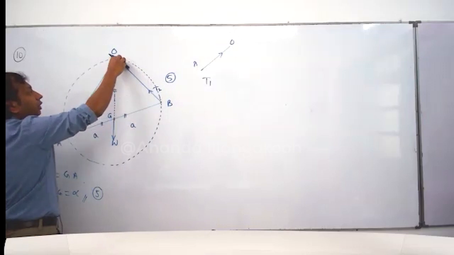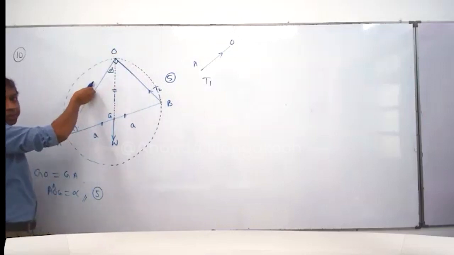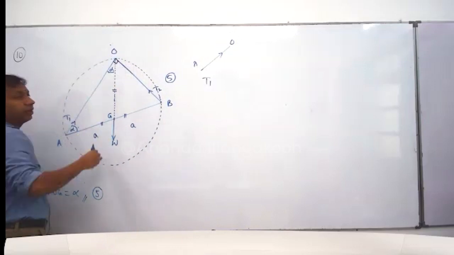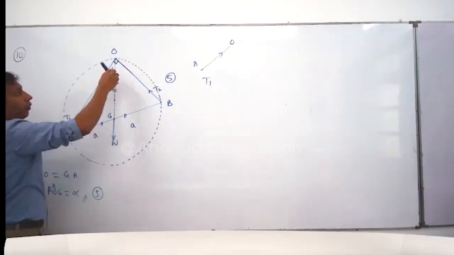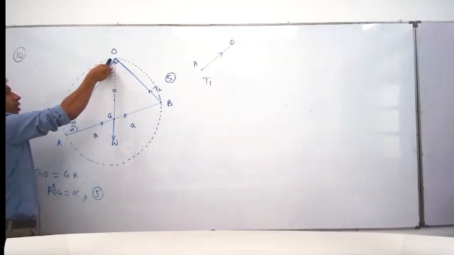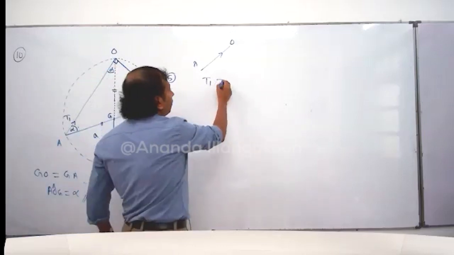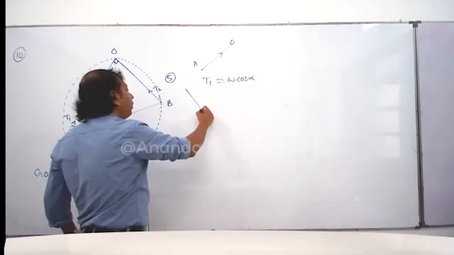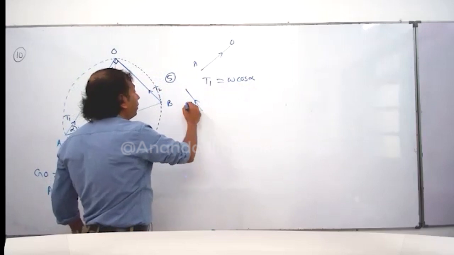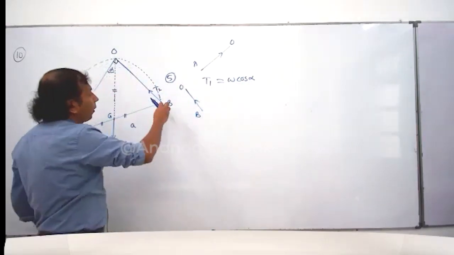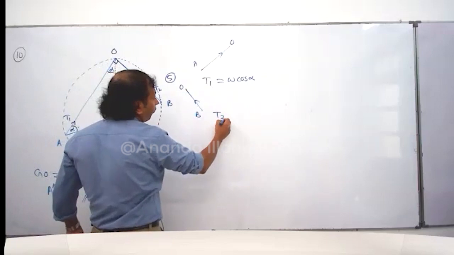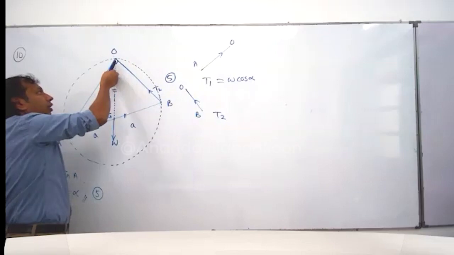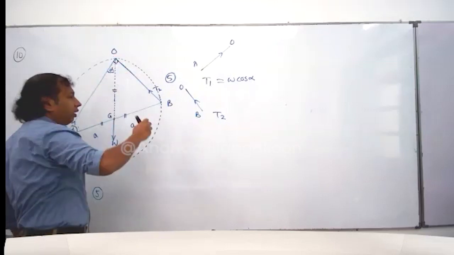We won't get anything by T2, because T2 and T1 are perpendicular. When you resolve in this direction, T1 comes in but T2 doesn't. By W, in this direction, W cos alpha. Then T1 equals W cos alpha. Secondly, we resolve in the BO direction. What is that? T2. By W along that direction, W sin alpha.